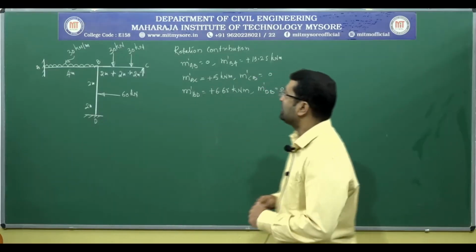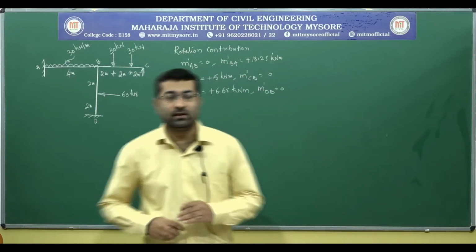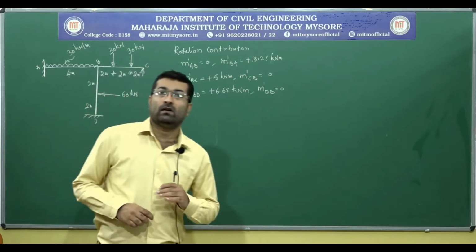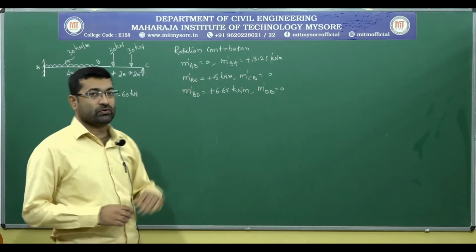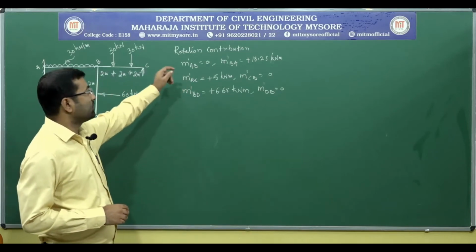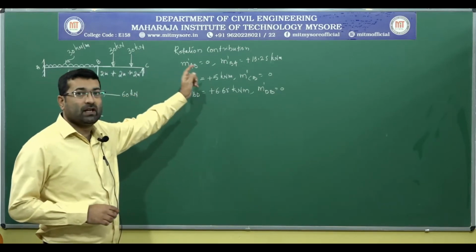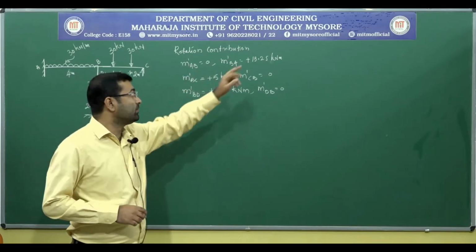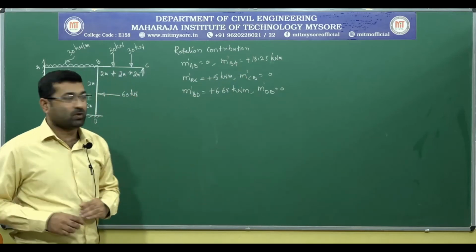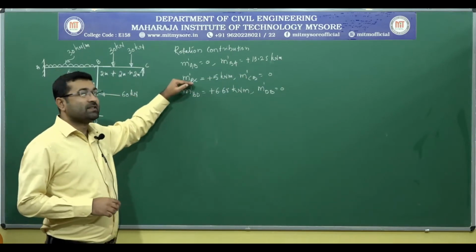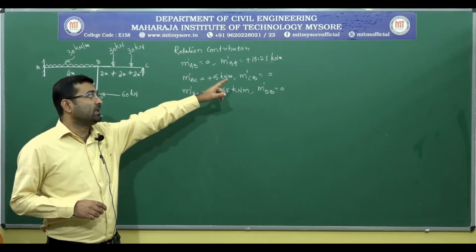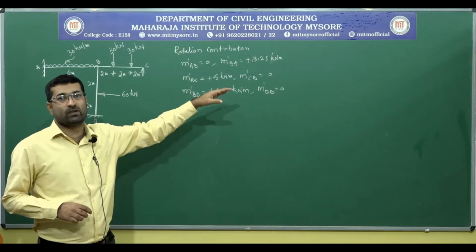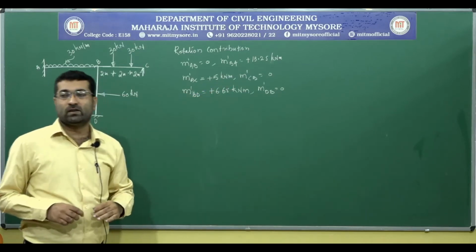As per our calculations in the previous step, step number 3, we have come out with the final rotation contributions: M dash AB is equal to 0, M dash BA is equal to plus 13.25 kilonewton meter, M dash BC is equal to plus 5 kilonewton meter, M dash CB is equal to 0, M dash BD is equal to 6.65, and M dash DB is equal to 0.